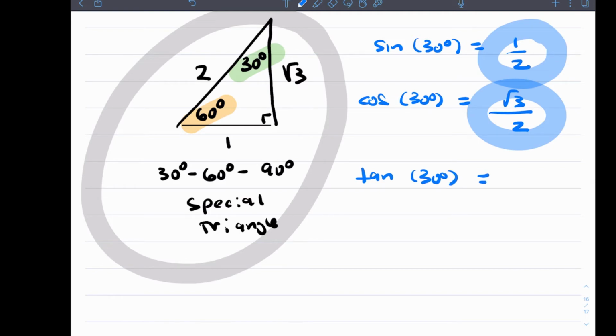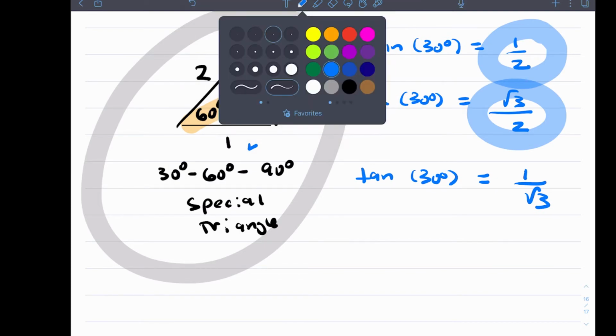Tangent of 30 degrees. What's tangent of 30? Do you guys know what tangent is? Opposite over what? Adjacent, but what's the problem here? You guys know? Yeah, we have to rationalize the denominator.